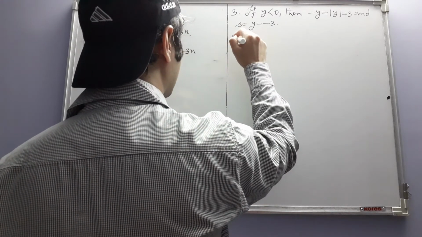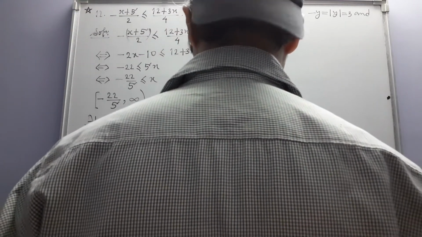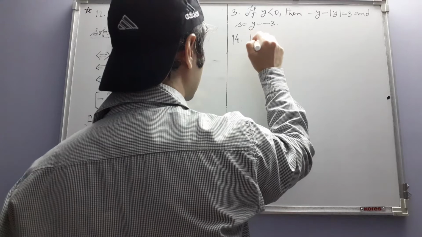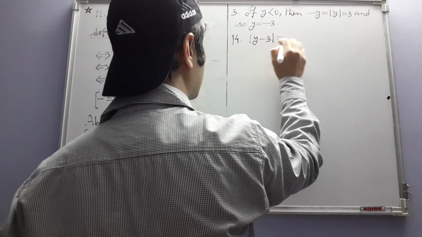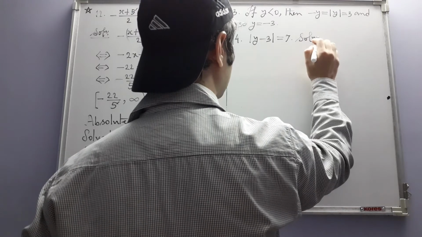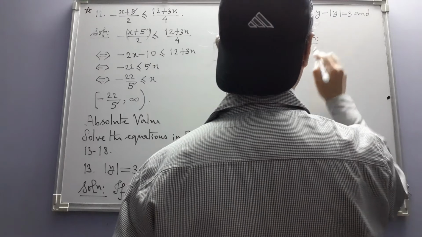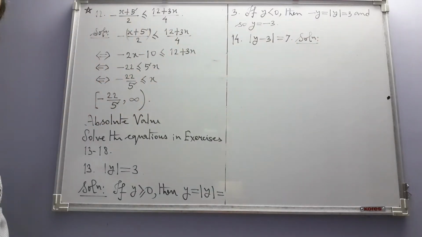Then 14. Absolute value of y minus 3 is equal to 7. In this case we can find the solutions quickly like this. y minus 3 is either non-negative or negative.